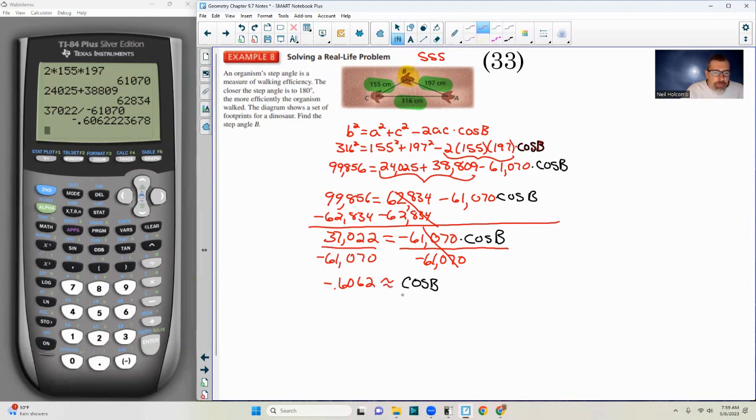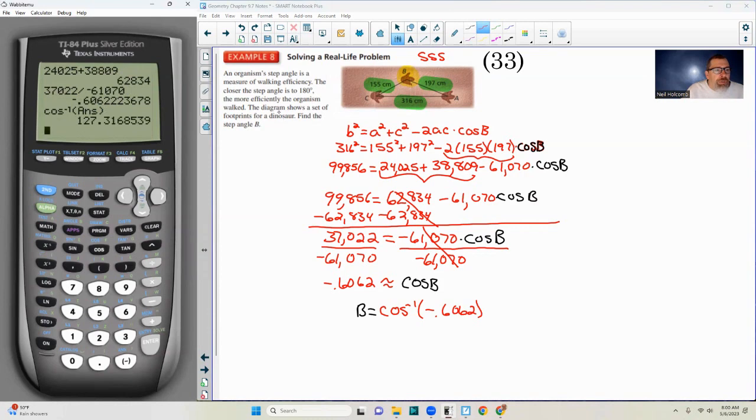And then to solve for b, you need to move cosine to the other side. I'm trying to solve for angle B. So B equals the cosine inverse of negative 0.6062. I put that in my calculator, second cosine inverse, and I don't want to round, so I hit second answer to bring that answer back down without rounding, and I get 127.3.